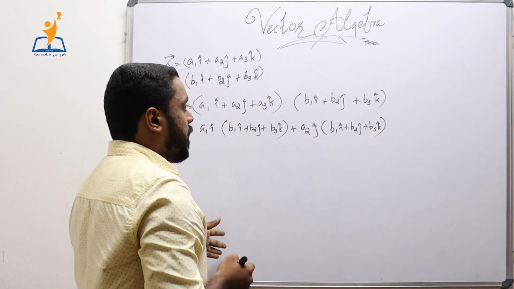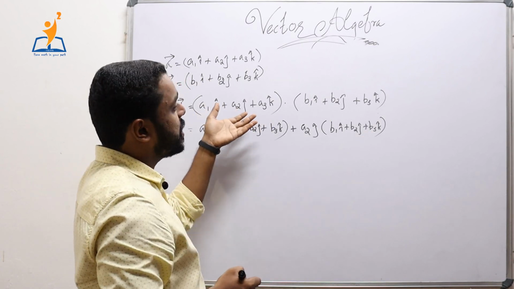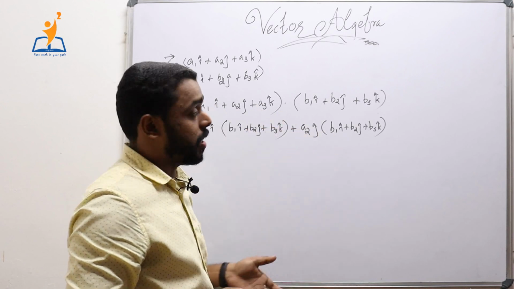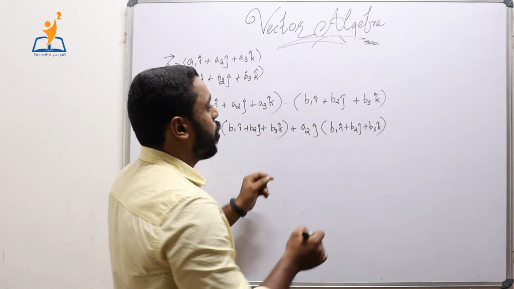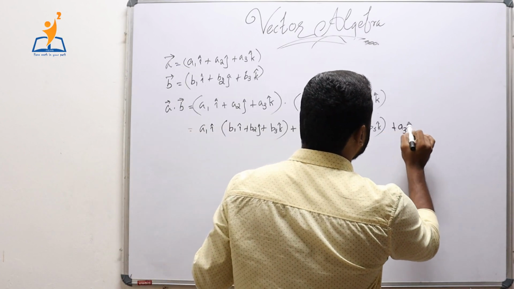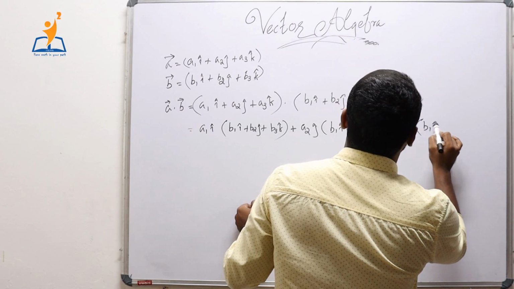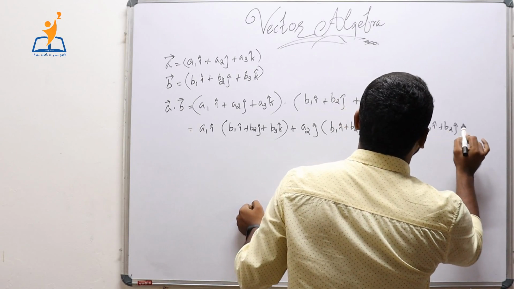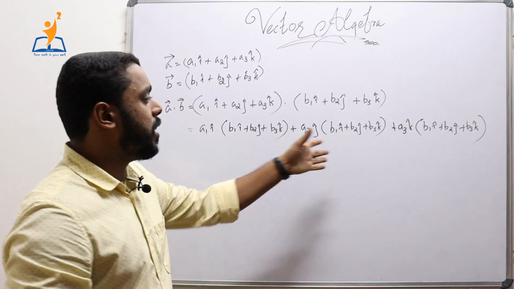This derivation is very important, since I have seen that in so many exams this derivation itself has been asked directly. So let's listen very carefully and understand. Then the third component, plus a3 k cap into b1 i cap plus b2 j cap plus b3 k cap, right? I just opened the bracket.